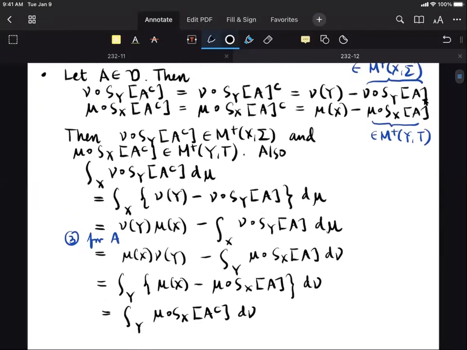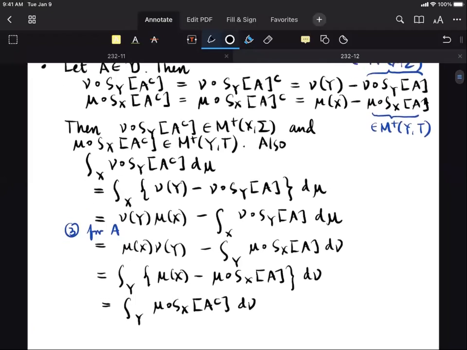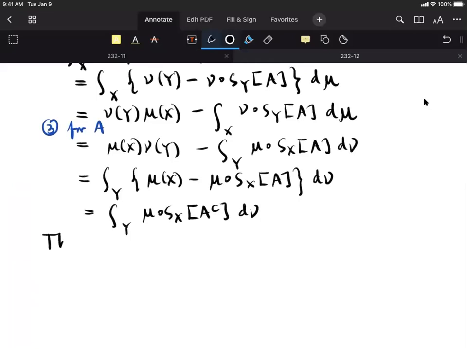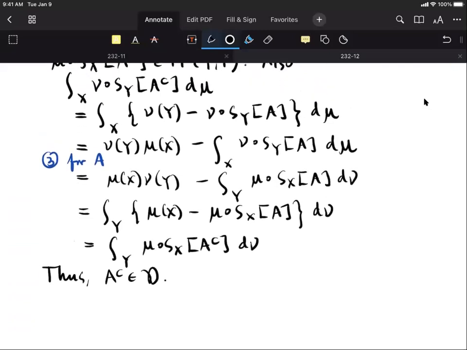So this verifies the three properties in D. Thus, the complement of an element in D is also in D.